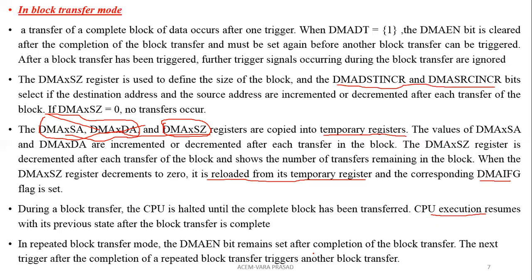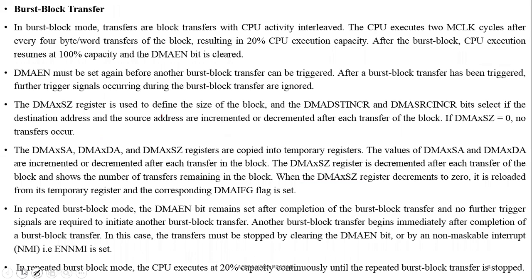If you want repeated block transfer, the DMA repeat bit is set, and then the number of blocks keeps being transferred. Same operation. Then go to the next one: burst block. What is a burst block?